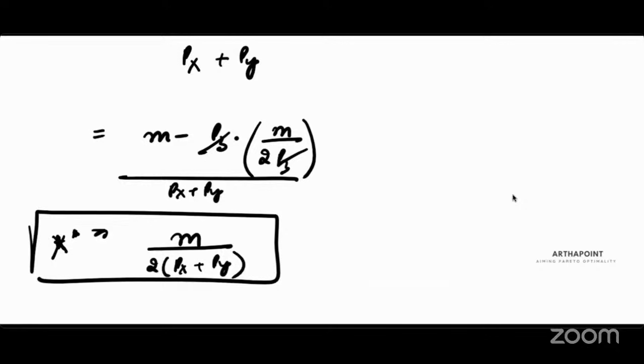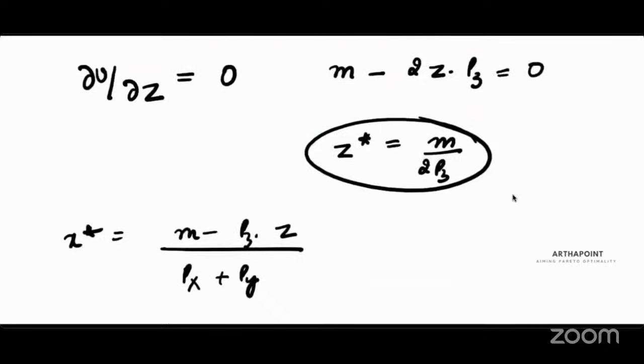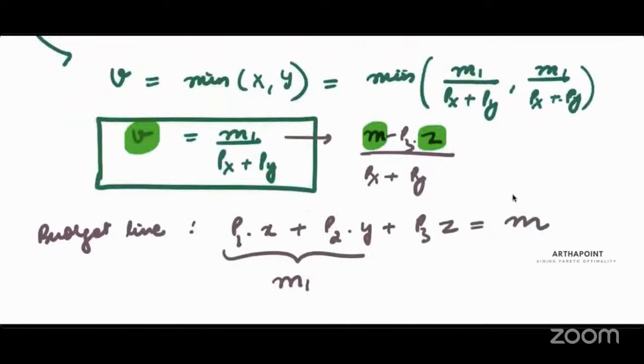I have to consume equal amounts of X and Y. That's the property that helped me to solve this. I should remember how to find the Marshallian demands of X and Y. This kind of question has been repeated 2 to 3 times in the past year in Delhi School of Economics and in ISI. I've done one time.